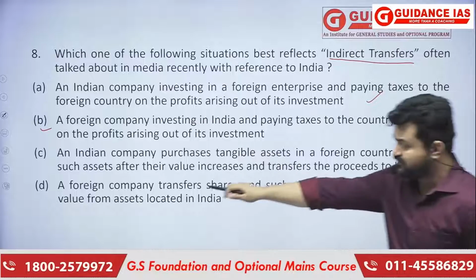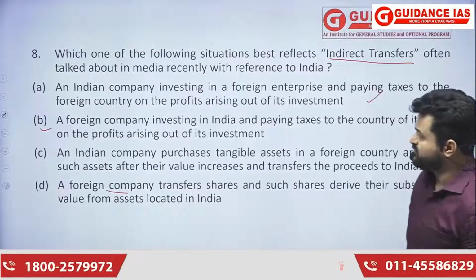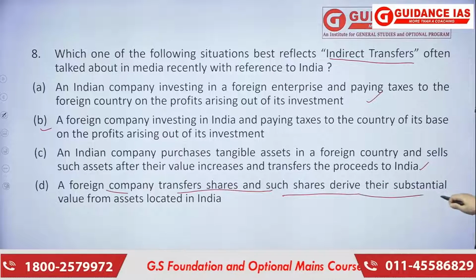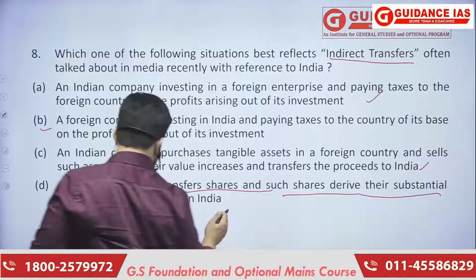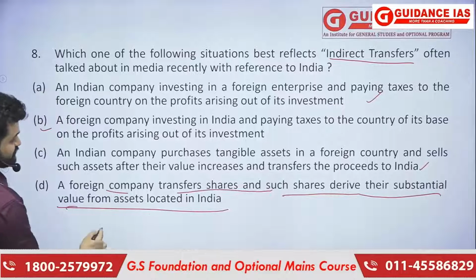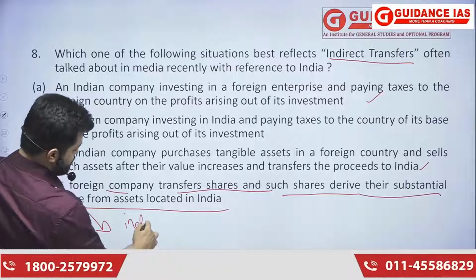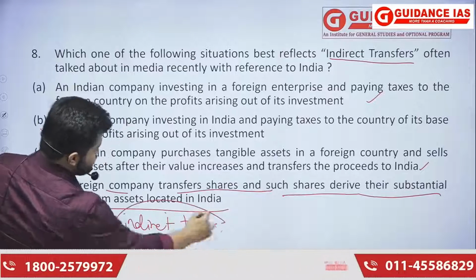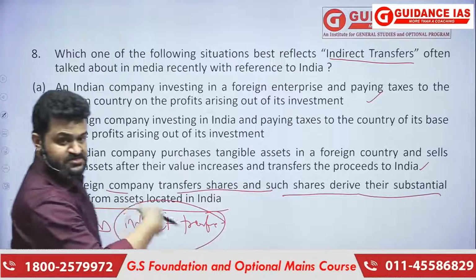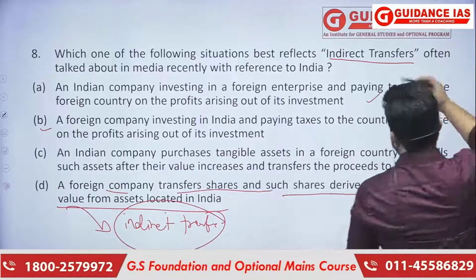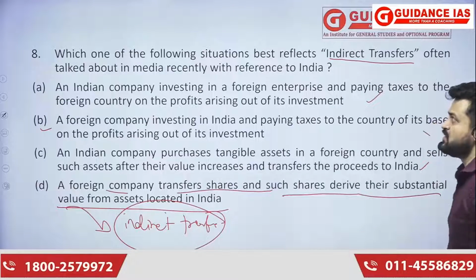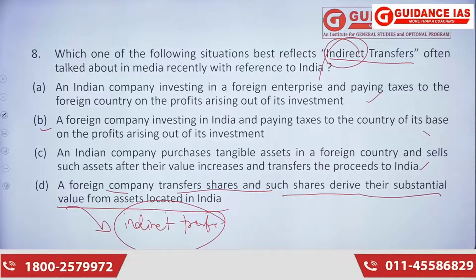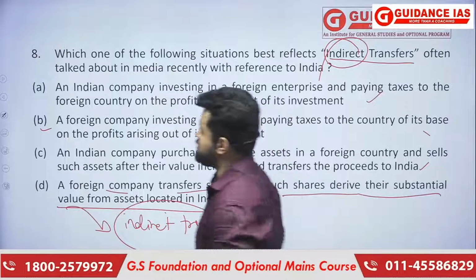A foreign company transfers shares, and such shares derive their substantial value from the assets located in India. This is a case of indirect transfer. Okay, instead of transferring the asset, the company is transferring the shares. That is the reason why it is called indirect transfer.